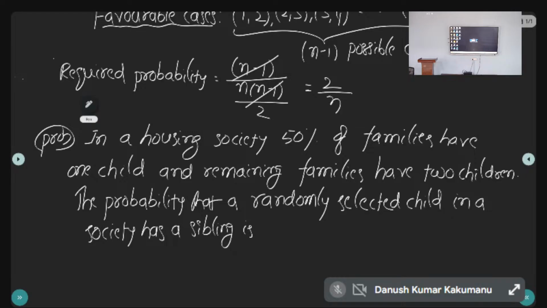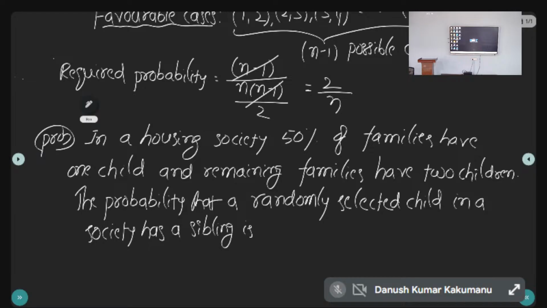There is one housing society in which 50% of families are having only one child and the remaining families are having two children. We don't even know the total number of families.